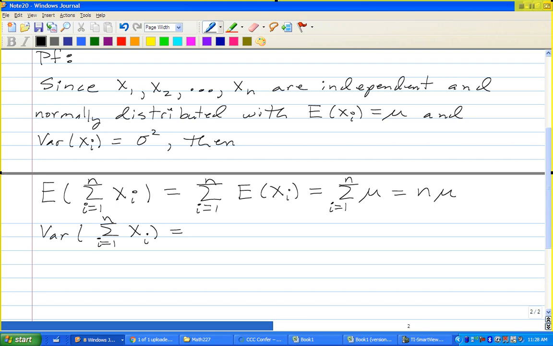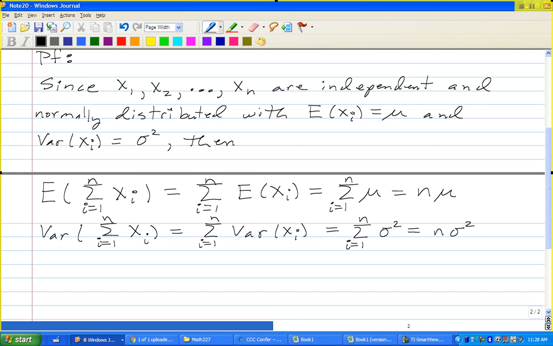Since, again, these are independent, this will just be the sum of the variances, and each of these has a variance of sigma squared. So you're adding up a whole bunch of constants. So that's n sigma squared.